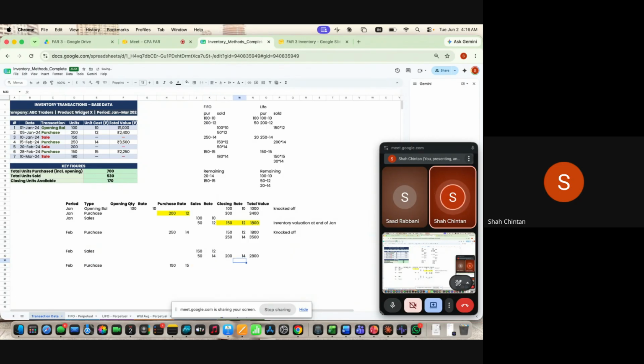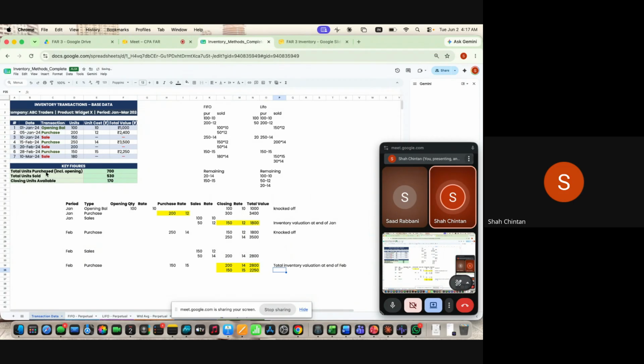So now what is your inventory? The earlier inventory definitely carries forward, and the next inventory is coming at $15 each, which is 2,250. So you now have a total of 350 units in your stock, and this becomes your relevant inventory. This is your total inventory valuation at the end of Feb.